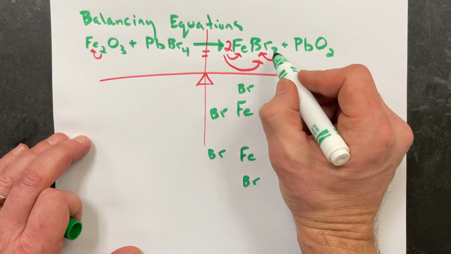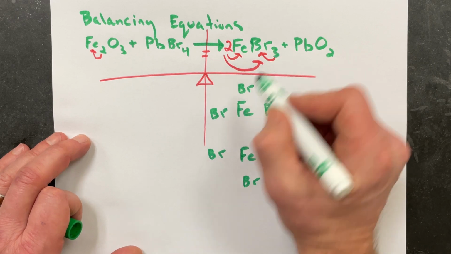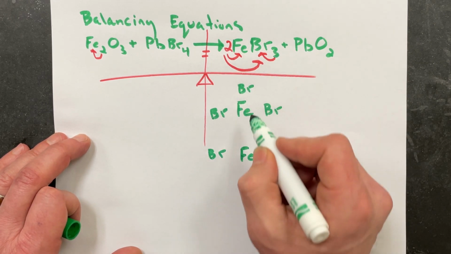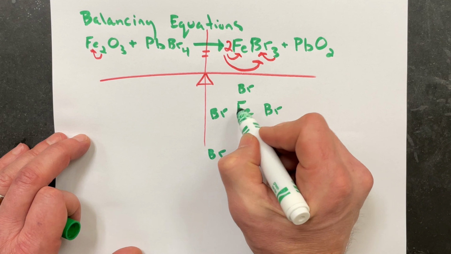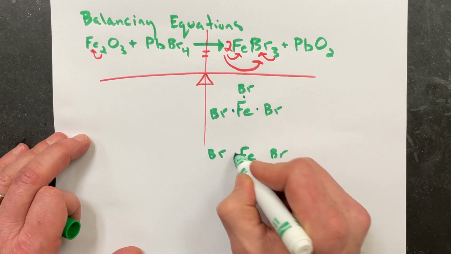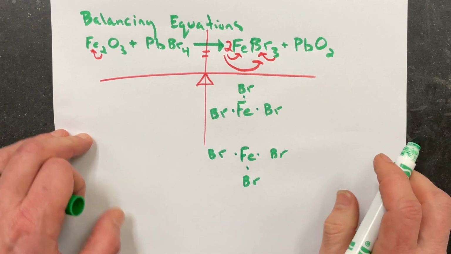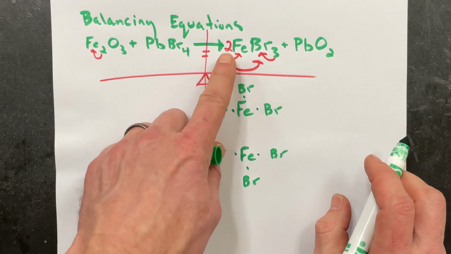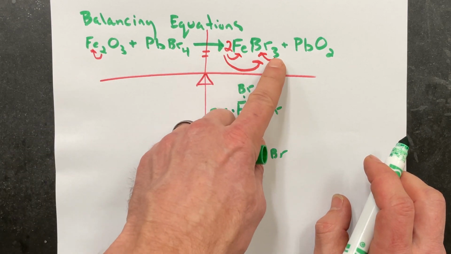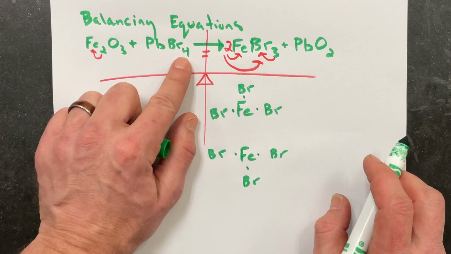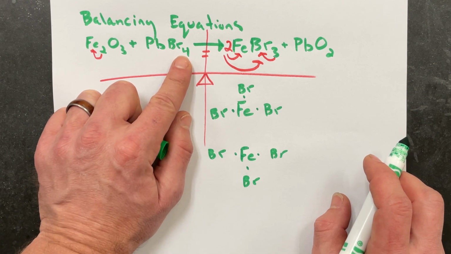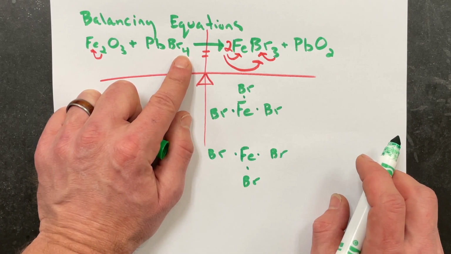So we can see that currently we have 2 of these 3, so 6 bromides and 2 irons. I'll put just some dots between these just to show that they're connected. All right. We've balanced the iron, and the bromide has 6, whereas over here, oh man, we got 4.